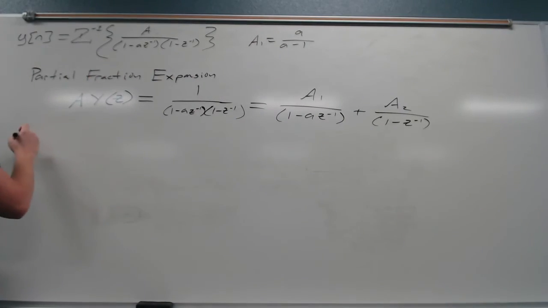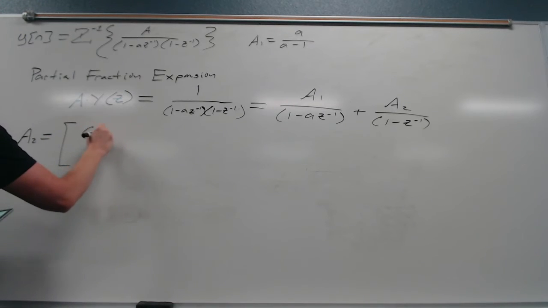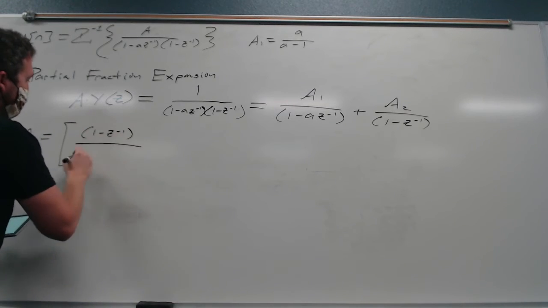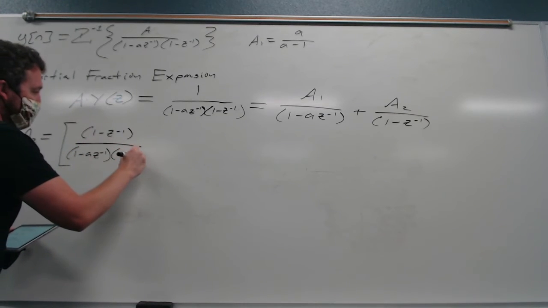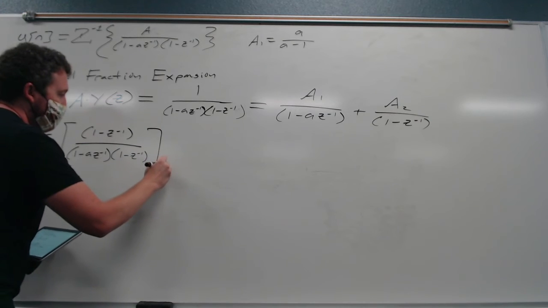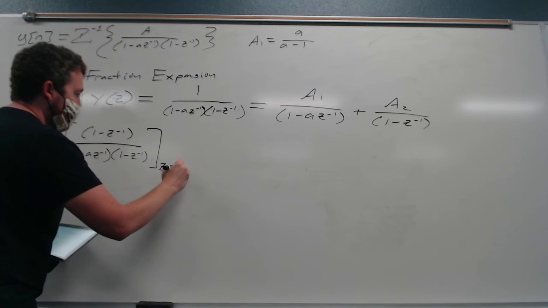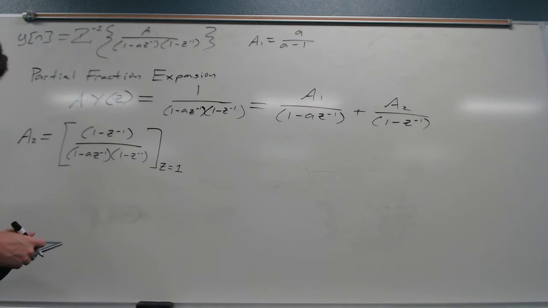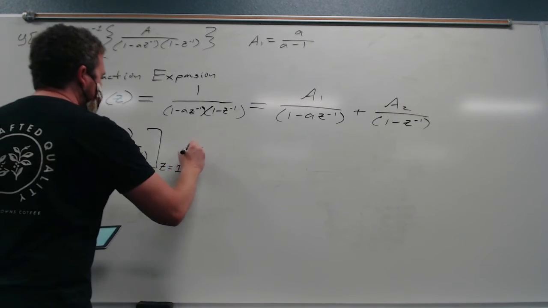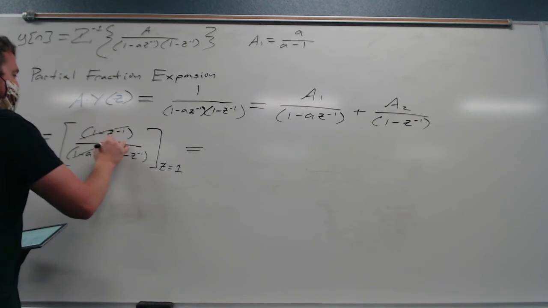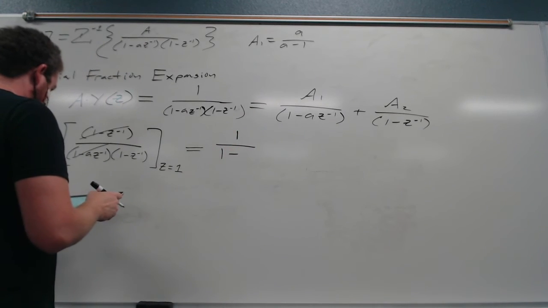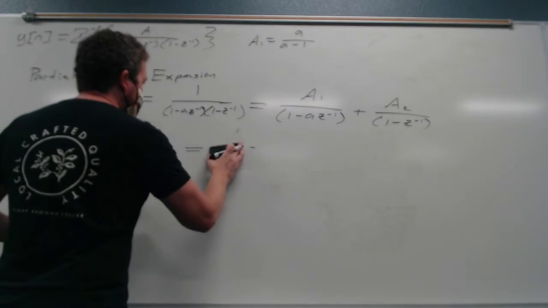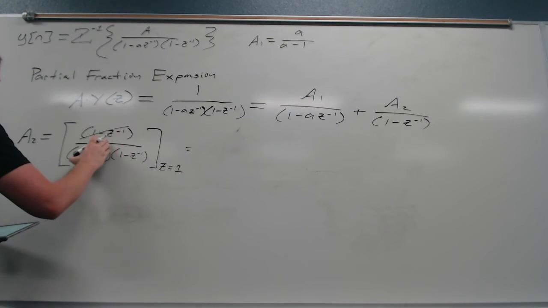And let's say that a2 now is going to equal 1 minus z to the negative 1 over 1 minus a times z to the negative 1 times 1 minus z to the negative 1, evaluated at z equals 1. Which will equal, these quantities will cancel, 1 over 1 minus, oh, did it wrong. Not that one.